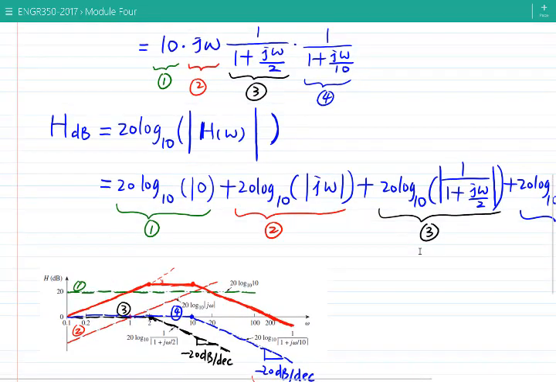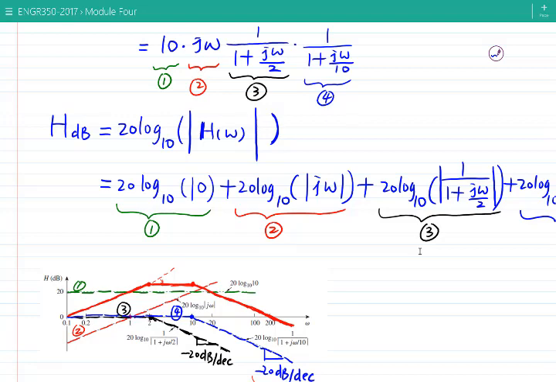So let's look at factor number 3. It's a first order pole, so here we have 1 over a complex number.